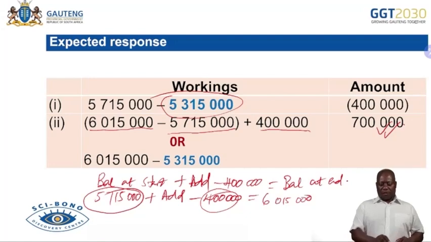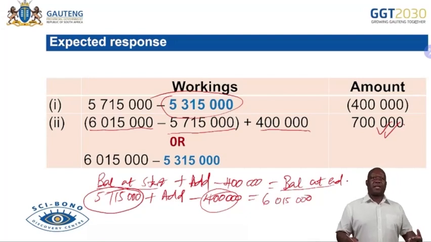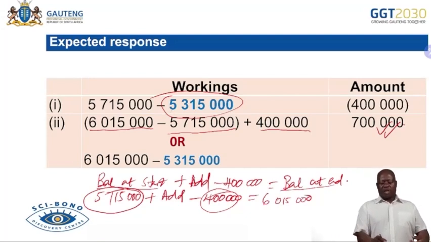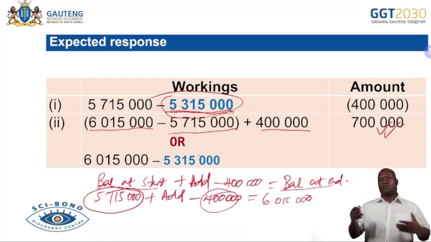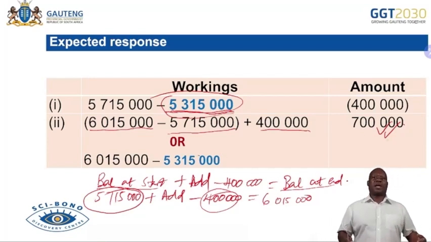As long as you know the relationship between the balances, then it can be done. But remember, there's another way that I already alluded to. If we know how much was left after the fire, we can just say the balance at the end minus what was there after the fire, and we are still going to get to 700,000. So many ways to kill a cat. The most important thing is we get to the solution as required.